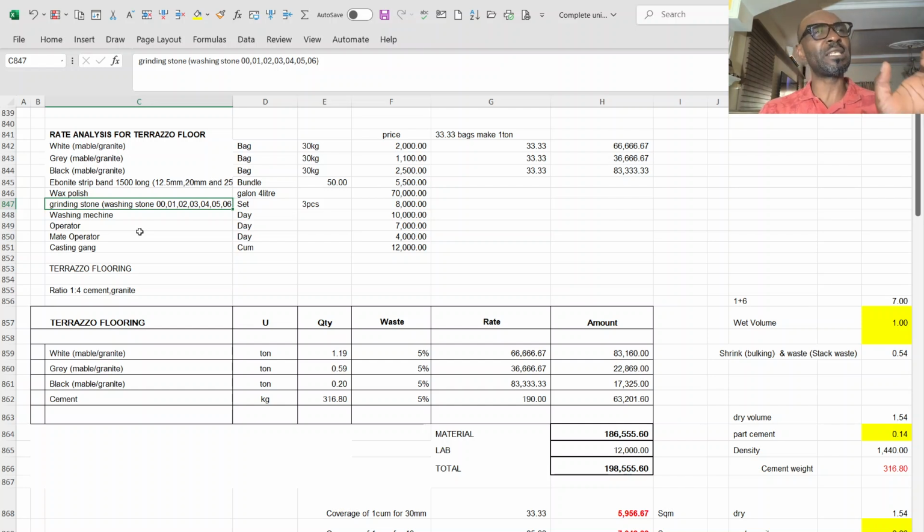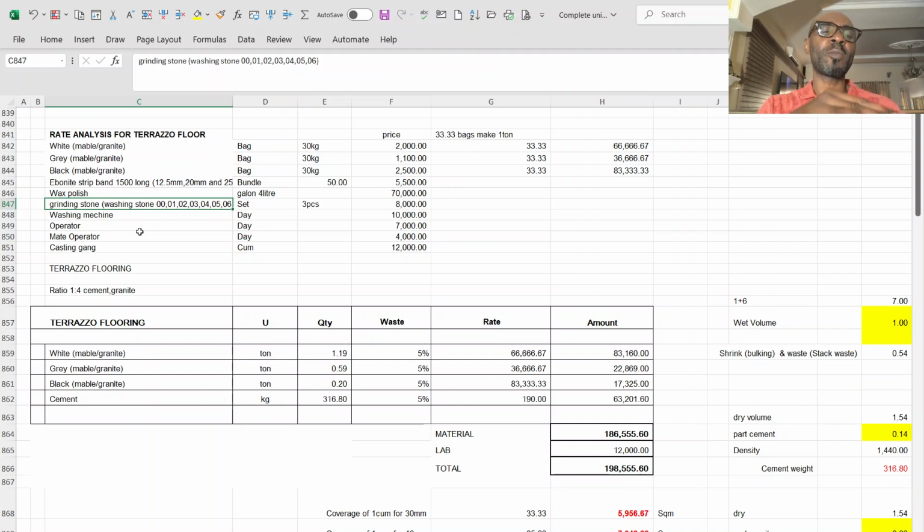And the 00 is the one that does the most difficult job, because it is the one that you use to grind off the top of the casted floor to bring it to finish, where you begin to see the shade of stone, how the floor is going to look. Then the 01, 02, 03, they are for polishing.